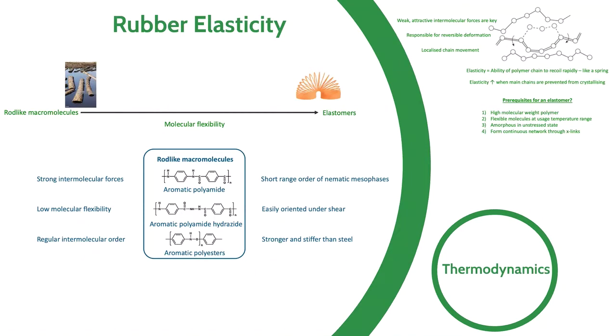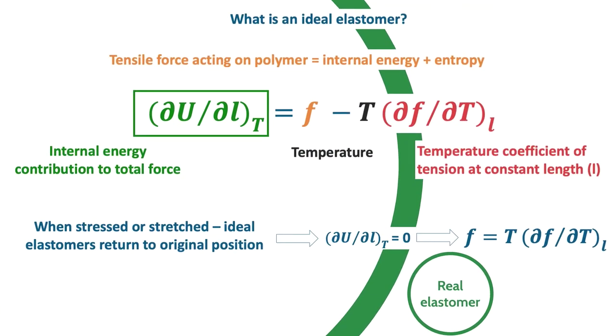When you talk about thermodynamics and spring, what comes to mind is how the first and second laws of thermodynamics are used to describe an entropy spring, which is exactly the same way that we can use to describe an ideal elastomer. Now, I'm not going to go deeply into how we derive this equation at the top, simply because it is a pure thermodynamics exercise.